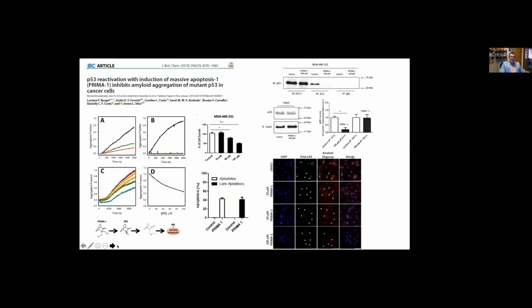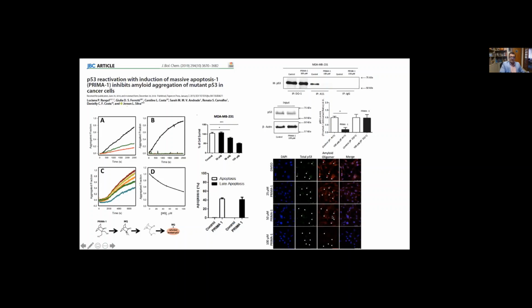Another molecule that we also tried was one already known to be an anti-tumoral drug, Prima-1, which is known to form an adduct with cysteines of the protein. We found that Prima-1 indeed inhibits aggregation in vitro, and the oligomers also decrease quite substantially.